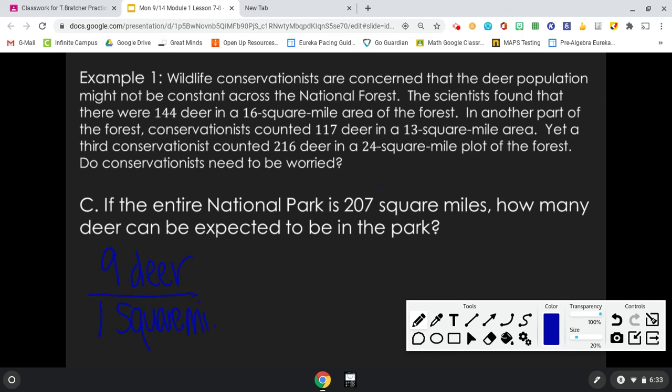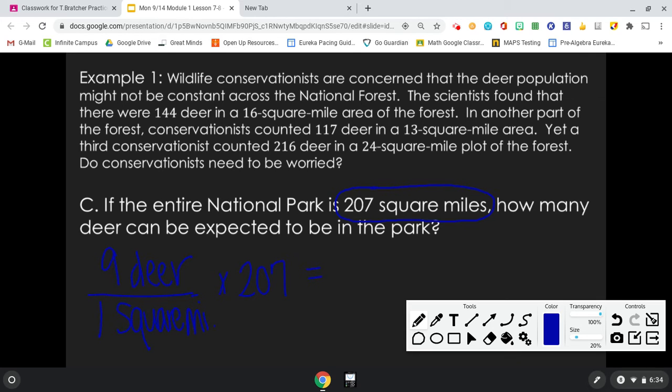So if we have 207 square miles, then that means we should have way, way more deer. So that means you're going to be multiplying by 207. So really you're doing 9, which was the number of deer in 1 square mile, times the 207.